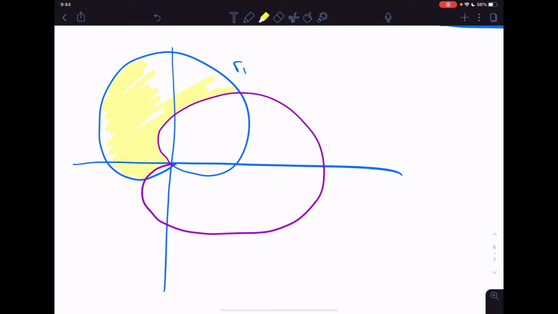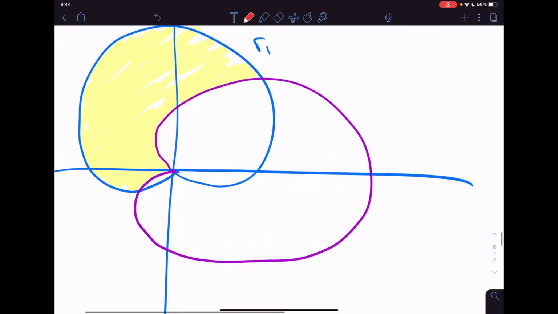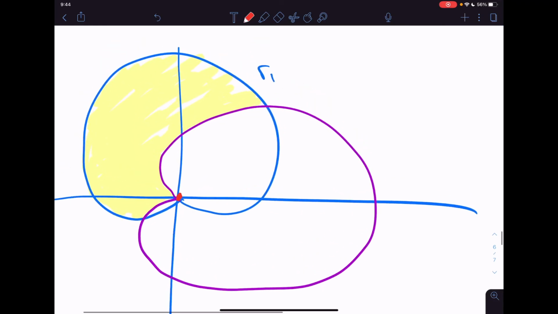Notice that for this region, for most rays, for example, if I start here and I go all the way up there, the outside function is R1 and the inside function is R2.